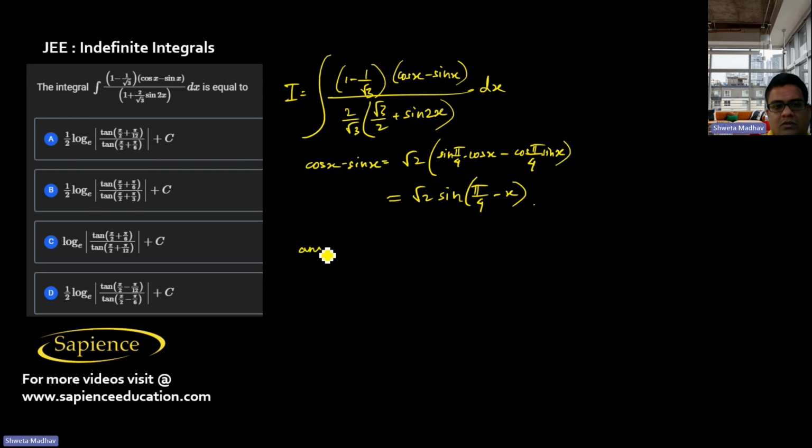And this root 3 by 2 can be written as sine pi by 3. So therefore, now sine pi by 3 plus sine 2x.